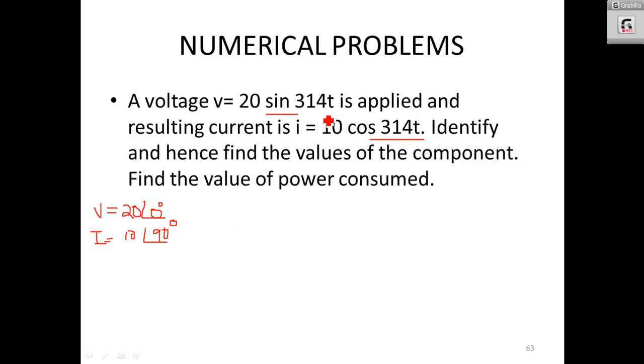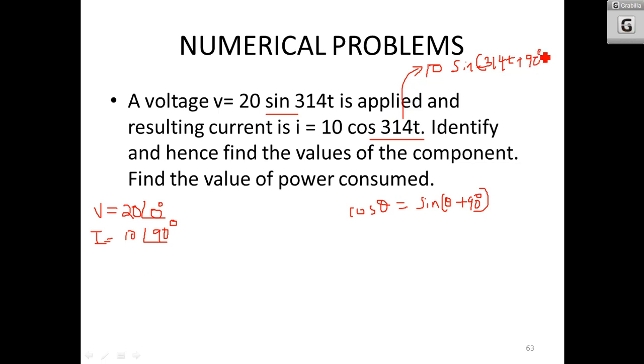Now, cos theta you can write as sin theta plus 90 degrees. Since we always refer to sine as reference, you should write current as 10 at an angle 90 degrees, or current can be written as 10 sin 314t plus 90 degrees.